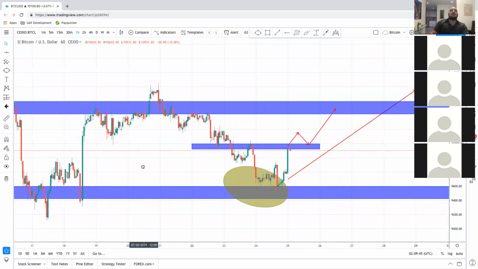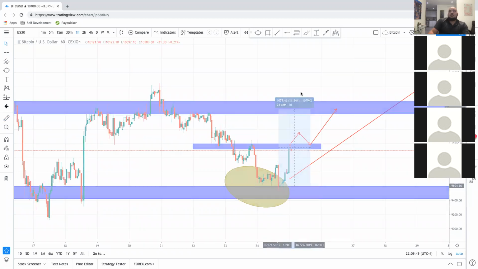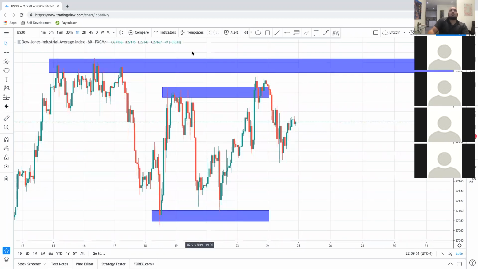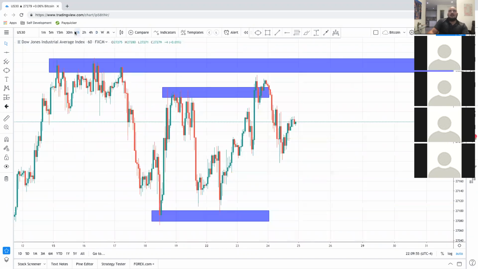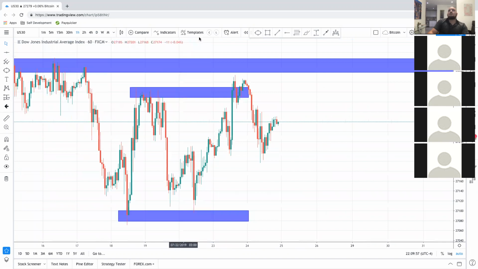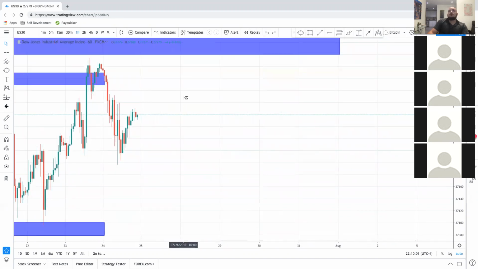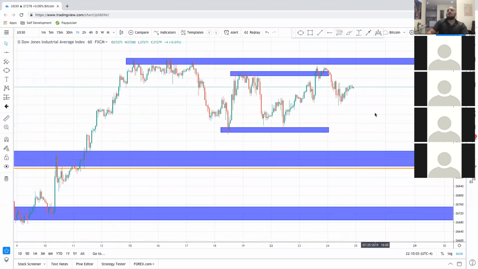And guess what's happening again? It's just going to do it again. Eventually, though, it's going to come out of that range. You understand what I'm saying? But right now, all I care about is, do I know where the ranges are, and am I looking for entries in those ranges? All right, that's it.